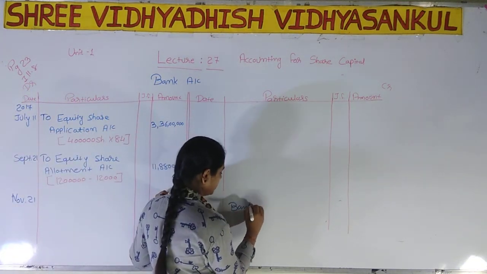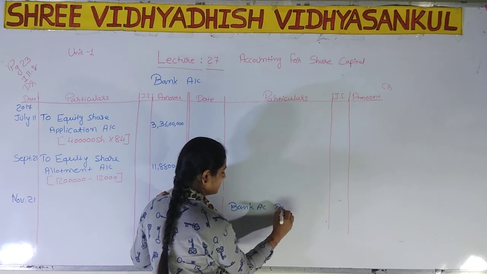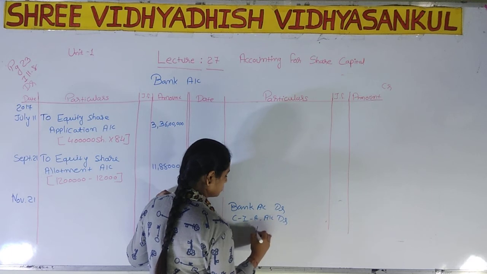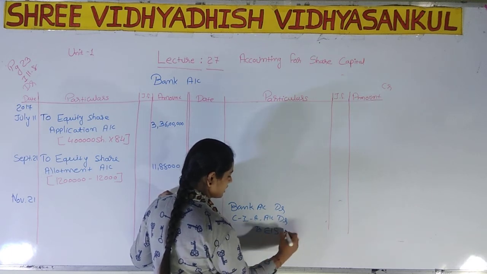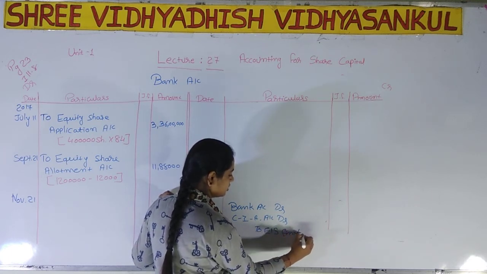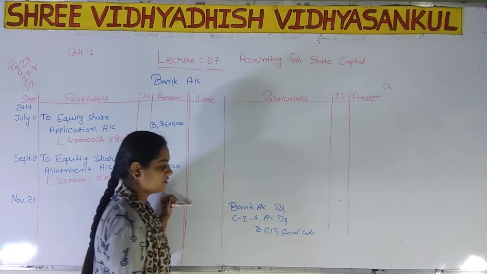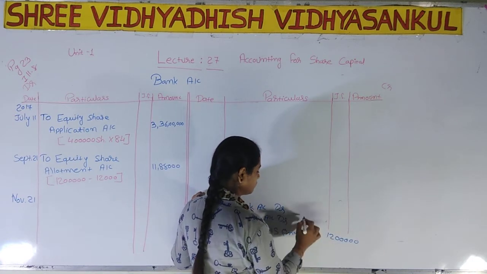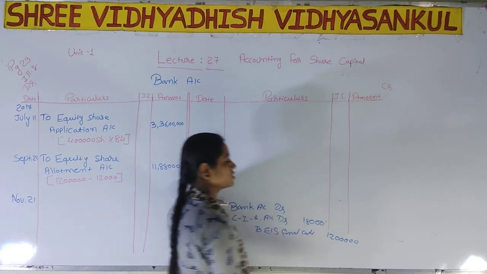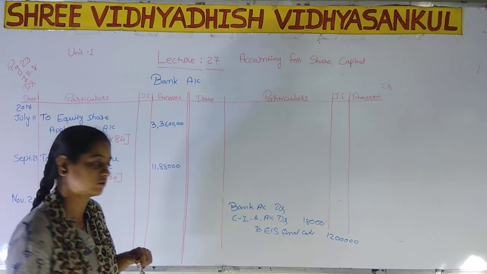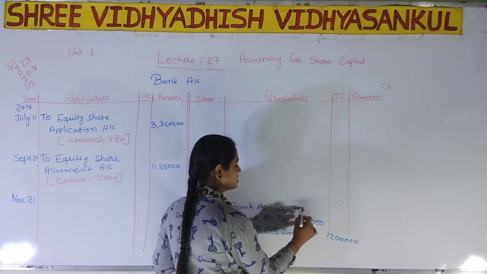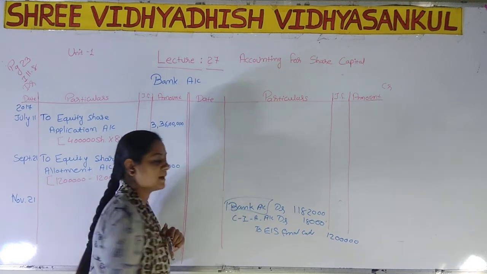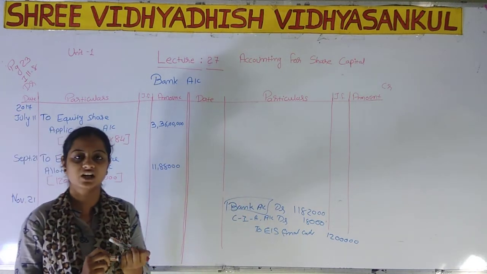The journal entry will be bank account, debit, call in arrears account, debit, to equity share final call account, right? In final call we have demanded 12 lakh rupees, but we have not received the 18,000 rupees from shareholders, right? That means total we have received 11,82,000. Here we have to give the effect of only bank account because we have prepared only one account.